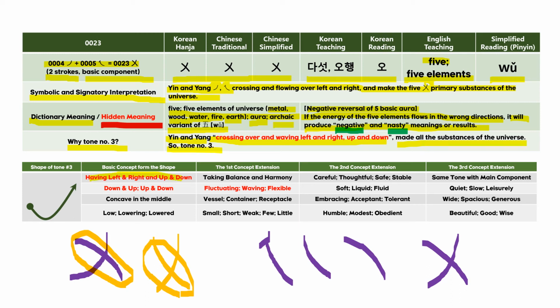Having left, right, and up and down and up and down, fluctuating, waving, in a flexible manner, it produced 5 elements of the universe. This is one of the Oriental wisdoms, how the universe has been made. Okay?